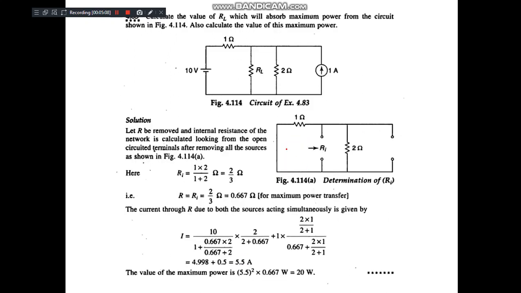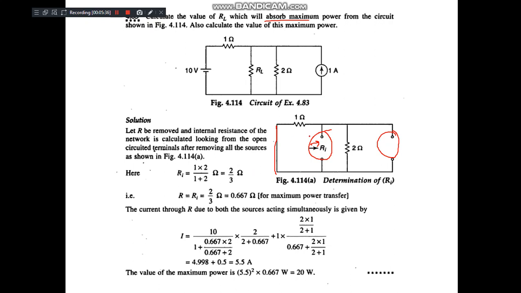We'll see one more problem. Here also it is very simple; find the maximum power. Here we have two current sources and also voltage sources. For calculating Ri, short circuit the voltage source and open the current source, and also open the RL and observe from the open circuit terminals.